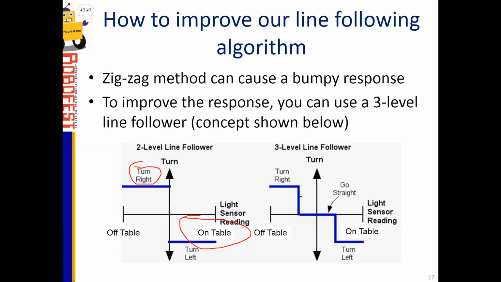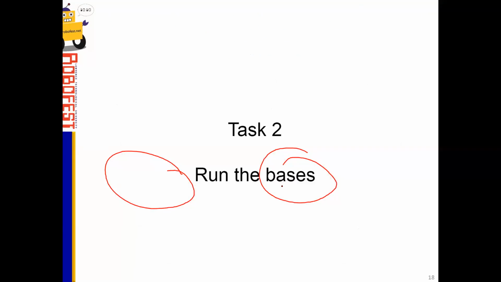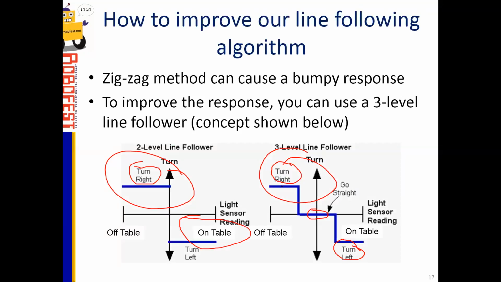The 3-level line follower says, if I'm definitely off the table, I turn right. If I'm definitely on the table, I turn left. But if my sensor sees that it's half on the table and half off the table, keep going straight. So the best way to do that is to look that up via Google and see how that works.